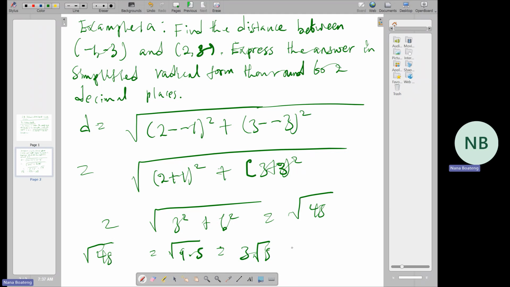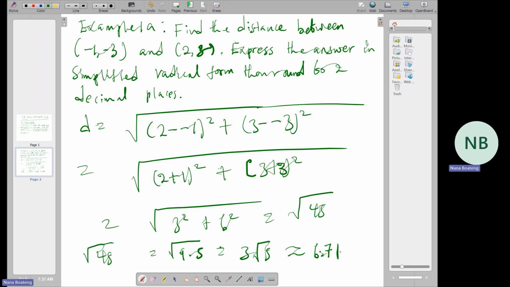In decimal form, to two decimal places, approximately 6.71. This is the distance between the two points.